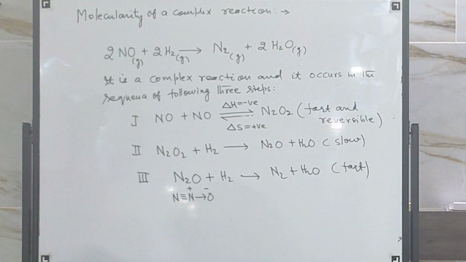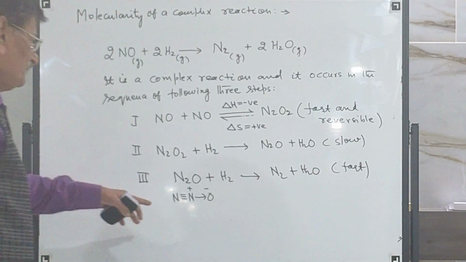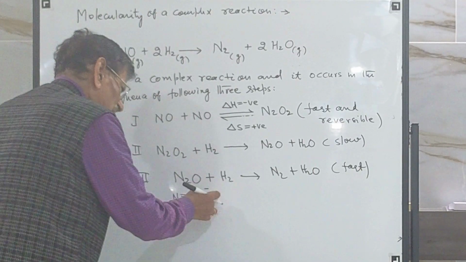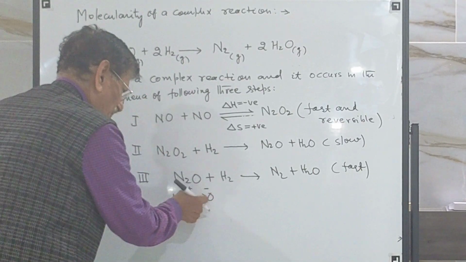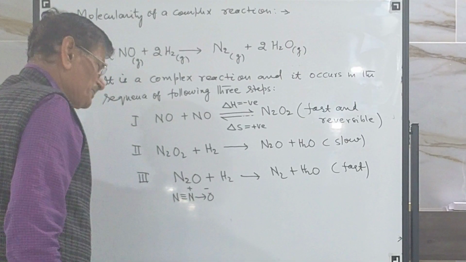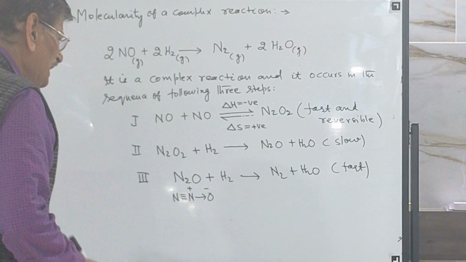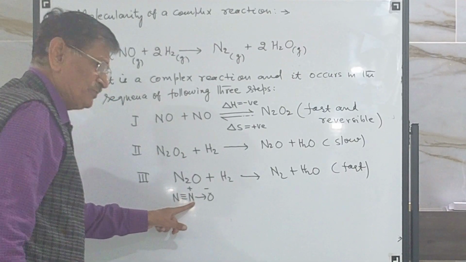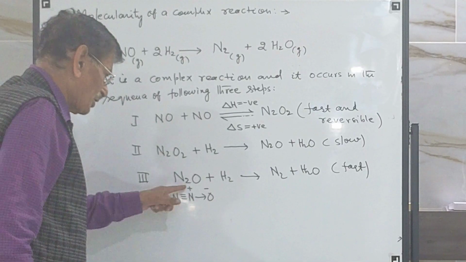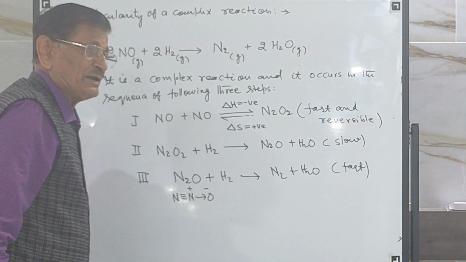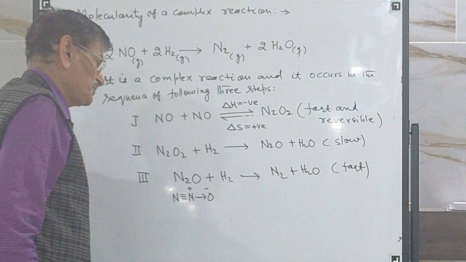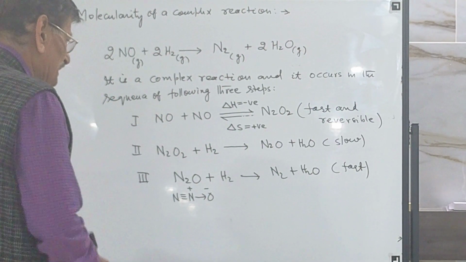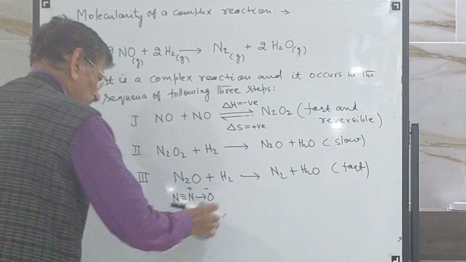This is a coordinate bond, a very weak bond, so hydrogen very easily removes oxygen from nitrogen. This becomes easier because nitrogen, which is more electronegative, is positively charged. This is a sign of instability. The system is very unstable, and therefore this bond breaking takes place immediately.